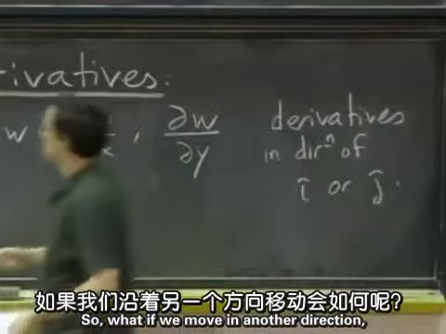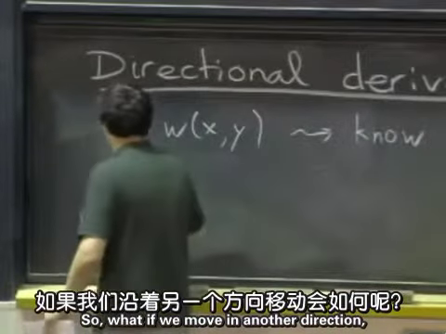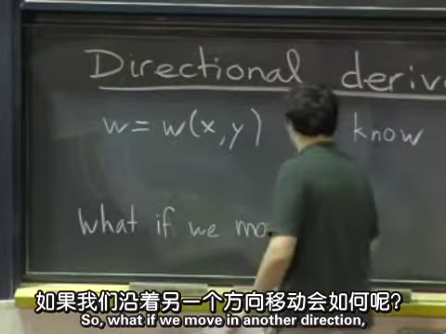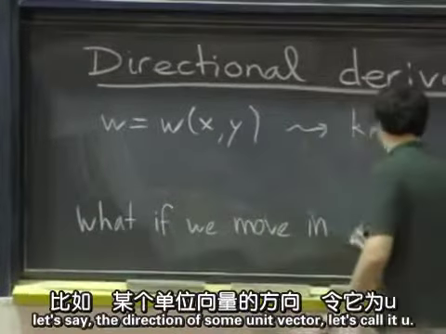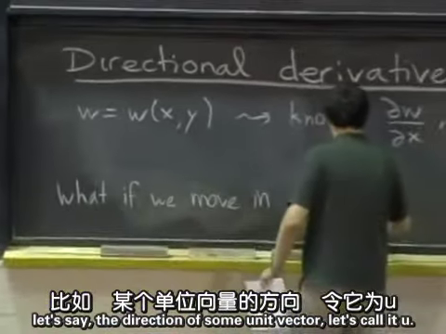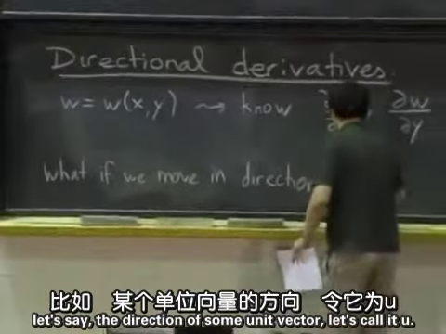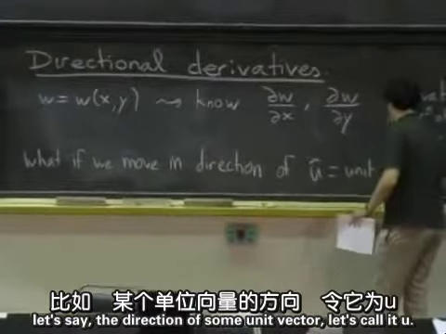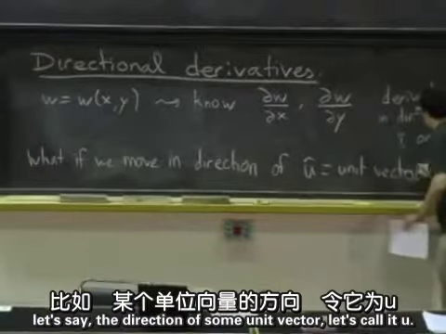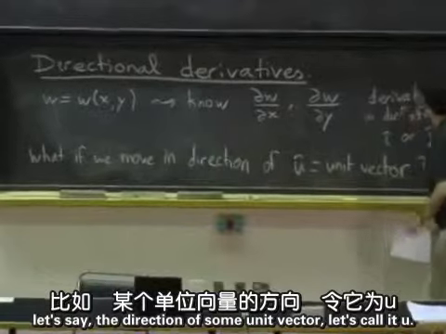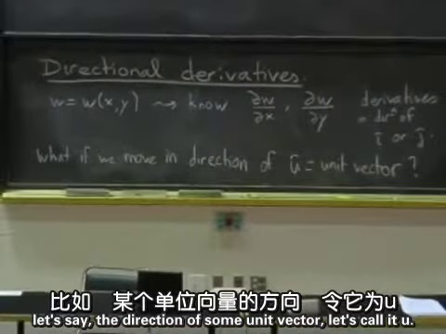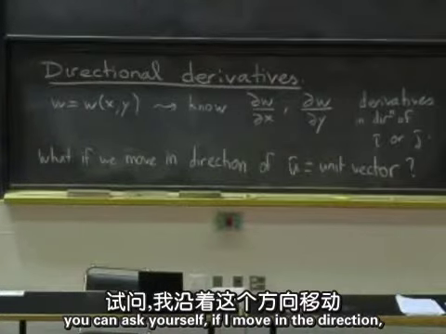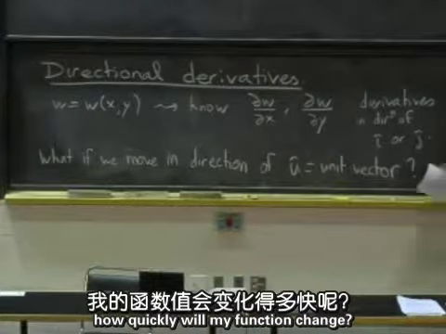So what if we move in another direction, let's say in the direction of some unit vector, let's call it u. Okay, so if I give you a unit vector, you can ask yourself, if I move in that direction, how quickly will my function change?